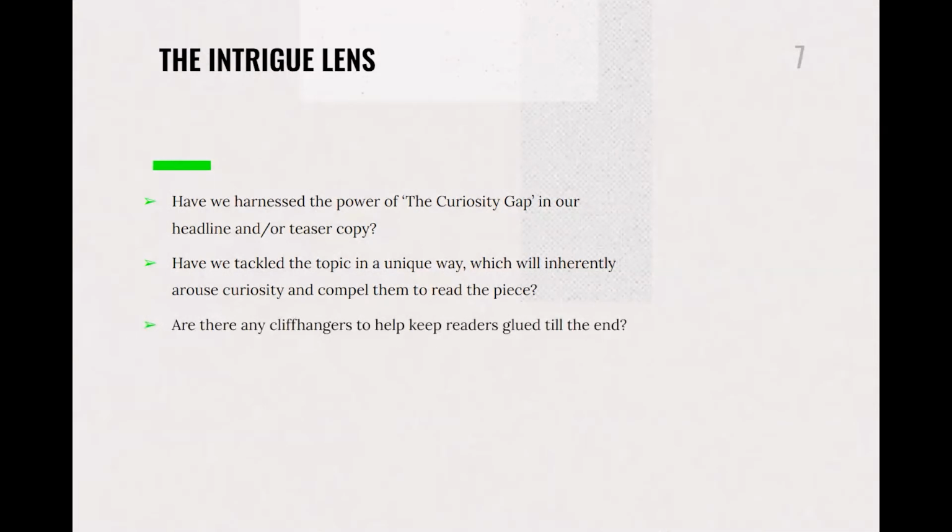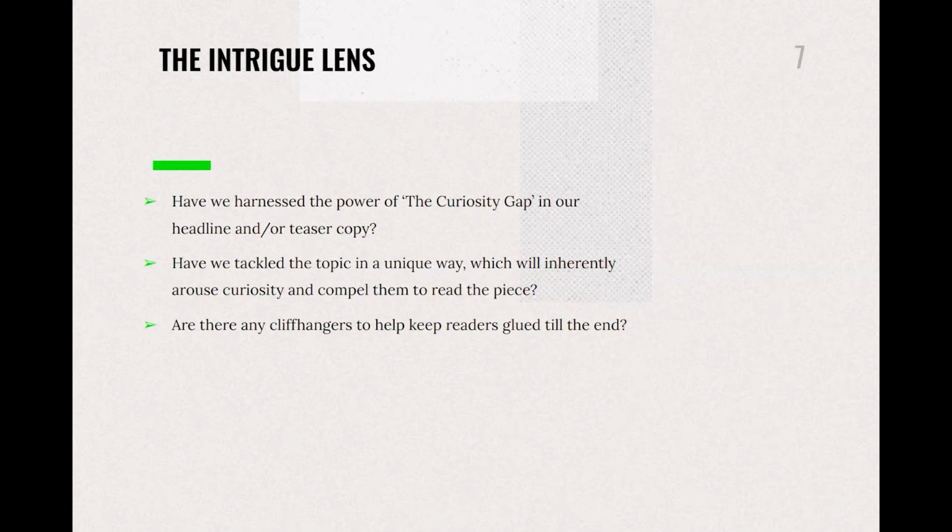Are there any cliffhangers to help keep readers glued to the end? So again, not just with the title. You don't just want the title to help get someone to click through. You need to keep selling the rest of that content, that page or that article, from the hook line into the first paragraph, etc. So try to leave cliffhangers.